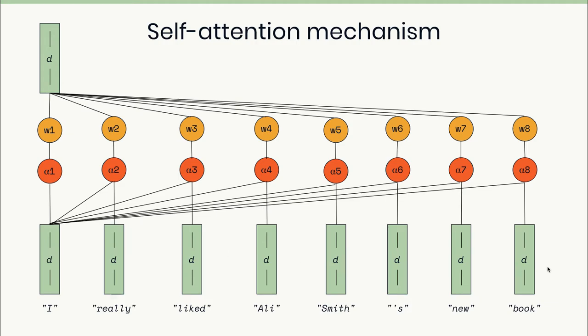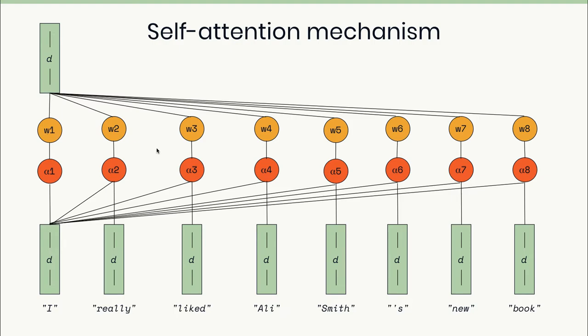So we just have a bunch of terms here, and we have the embeddings for all of the terms, with dimension D. What we do firstly is compute all of these dot products, these scores. So alpha 1 would be the dot product of this vector with itself. Alpha 2 would be these 2 vectors dot producted, and alpha 3 and so on.